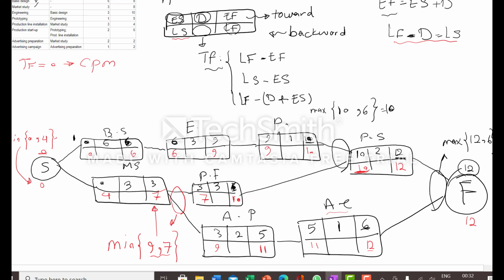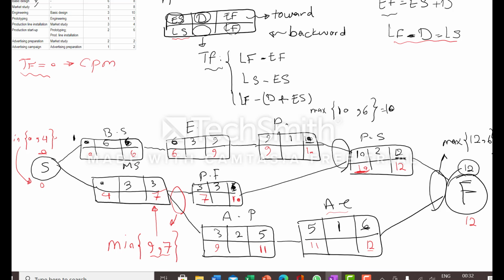So if we calculate the total float of each activity and see that the total floats are 0, we can use that as a CPM.